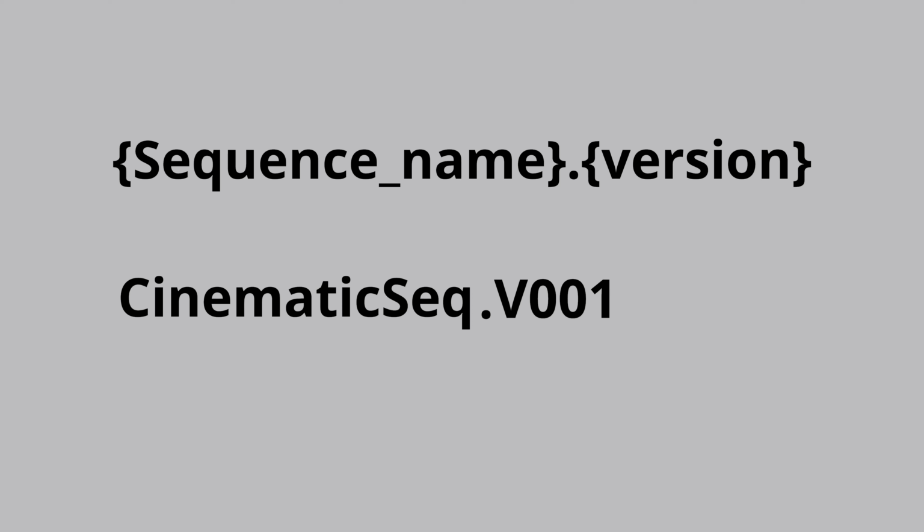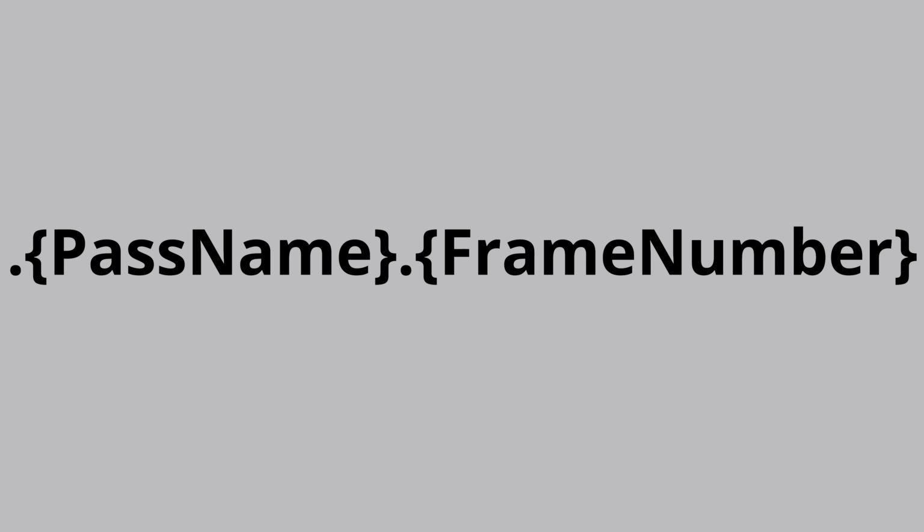What about after that? That's where we get into the stagnant part of the namespace of the tool. So the way the tool currently works is you have the beginning, which can be adjustable, and it can be as many characters, anything you want it to be, but it will always end with the stagnant dot pass name dot frame number dot file extension.